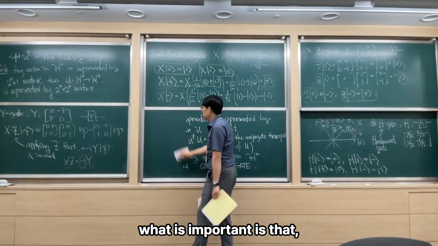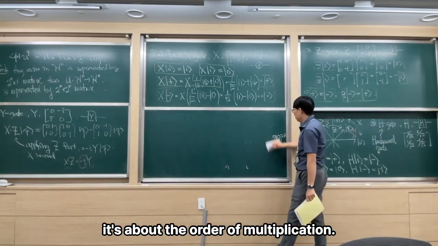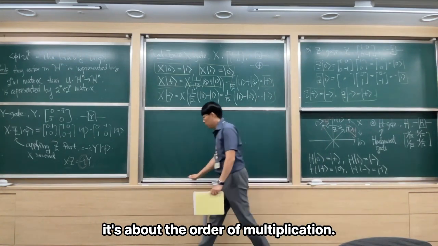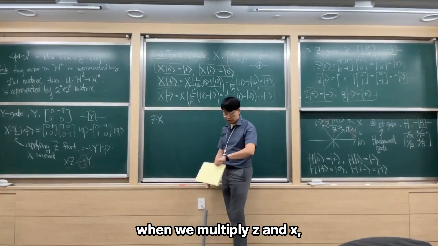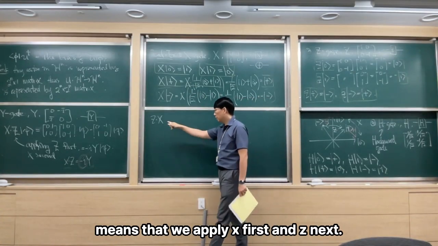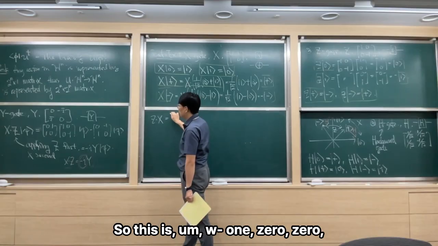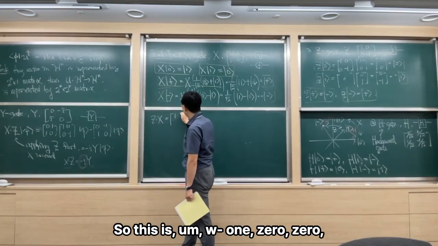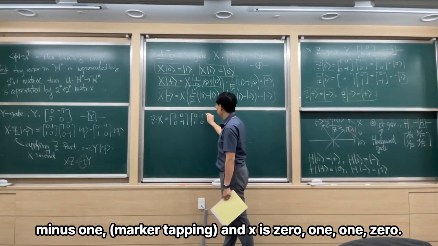But what is important is that it's not about minus i, it's about the order of multiplication. Let's see what happens when we multiply Z and X, which means that we apply X first and Z next. So this is 1, 0, 0, minus 1, and X is 0, 1, 1, 0.